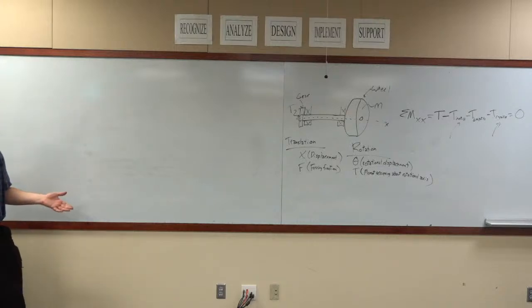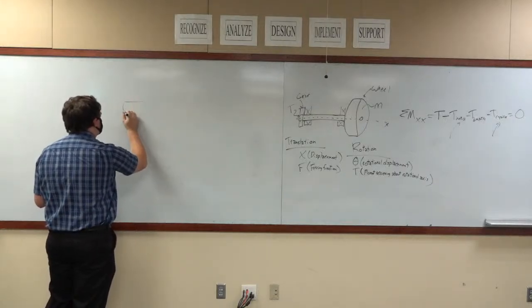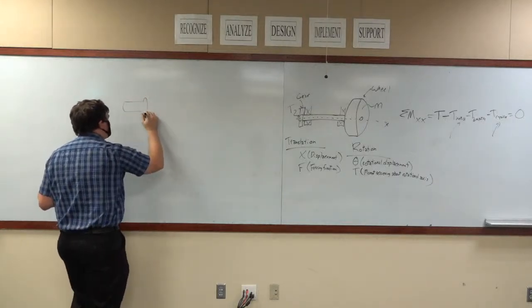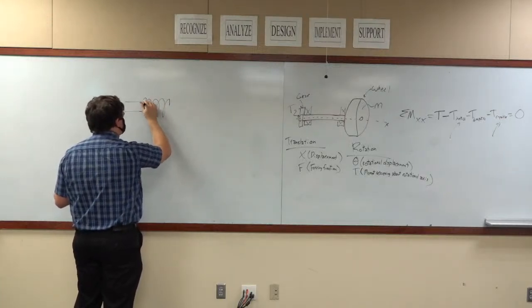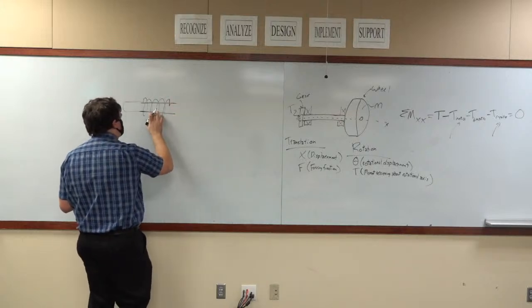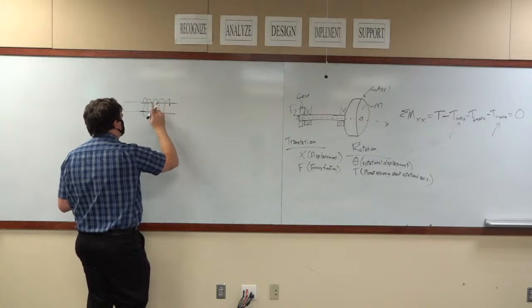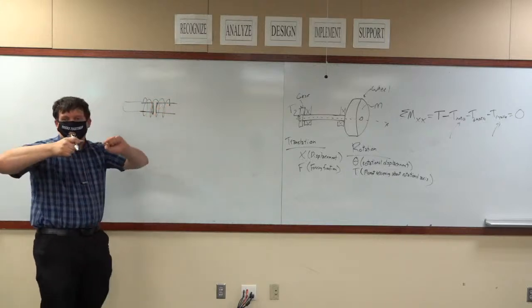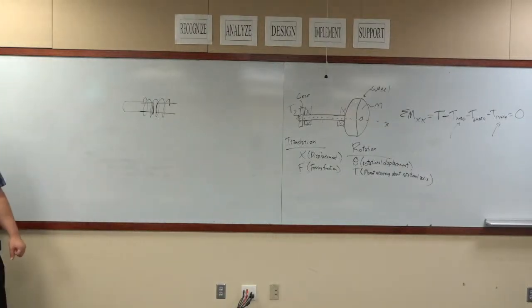But in a more complex system, let's say now I've got a rotating wheel again, maybe this is a flywheel, and I have some kind of a torsional spring. It's mounted to this axle. Maybe the torsional spring actually carries torque from one axle to another, so it kind of serves as a shock absorber, so to speak.